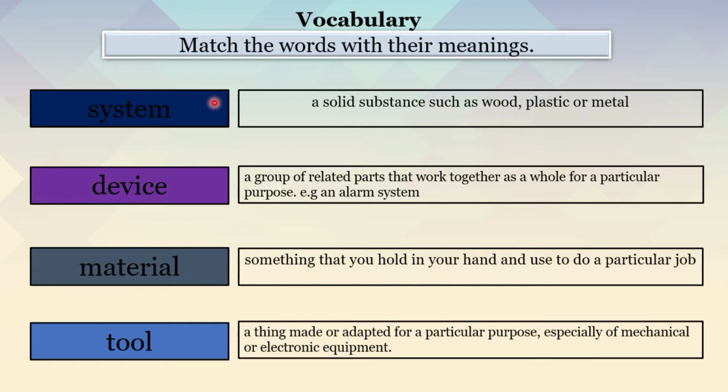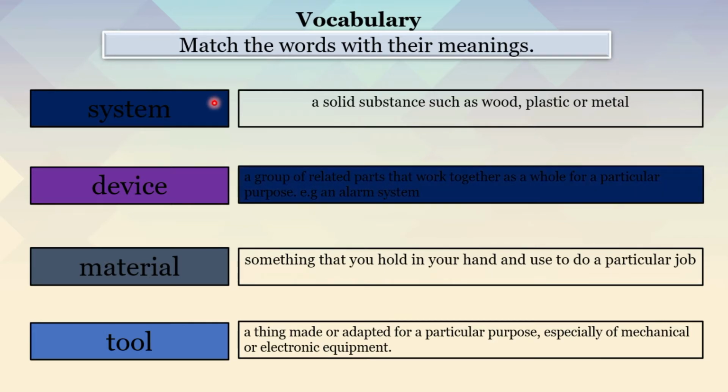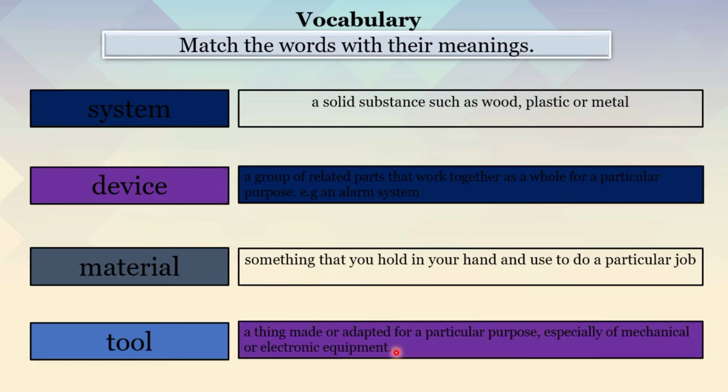System. A group of related parts that work together as a whole for a particular purpose, e.g., an alarm system. Device. A device is a thing made or adapted for a particular purpose, especially of mechanical or electronic equipment.